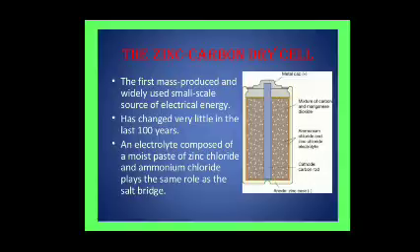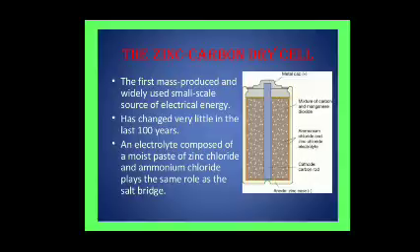The first mass-produced, widely used small-scale source of electrical energy has changed very little in the last 100 years. An electrolyte composed of a moist paste of zinc chloride and ammonium chloride plays the same role as the salt bridge.